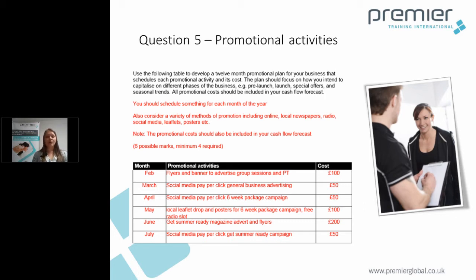That's the cost to the customer, not the cost of you advertising it. So you need to think about how you will promote that package. Are you going to do that through banners, posters, online advertising? And it's that cost that needs to go on this promotional plan. Make sure these costings are realistic, and again, these costs do need to be carried forwards to your cash flow forecast later. So make a note of this question and remember to factor those costs in.